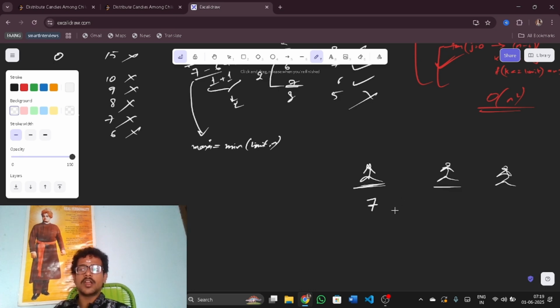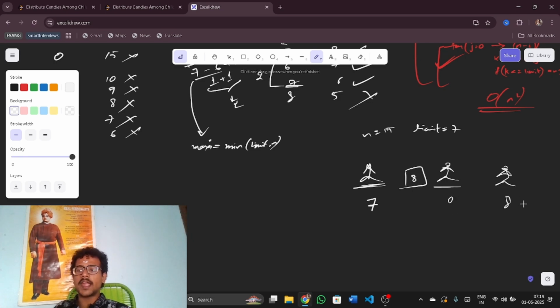This is the limit. Now if I give 7, with n equal to 15 and limit given as 7, and I have given 7 candies, the remaining are 8. Now how do we distribute 8 candies to these two children? 5 and 3, it is okay. 7 and 1 is also okay.